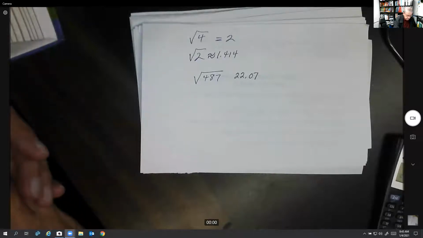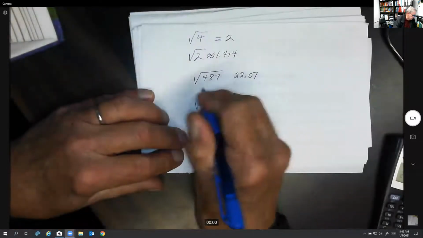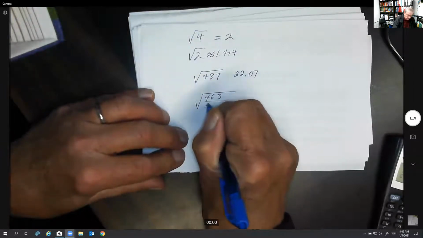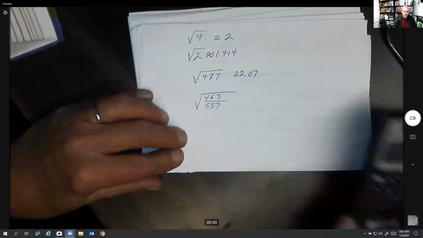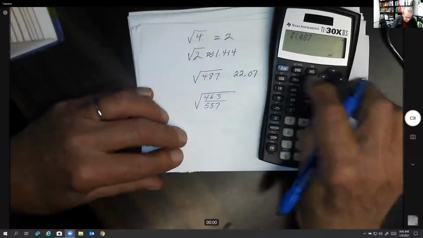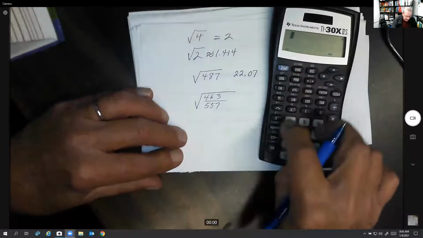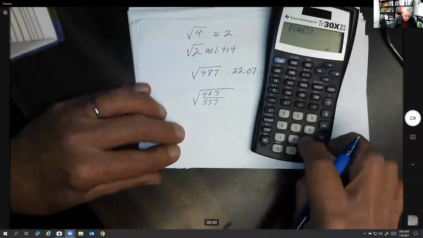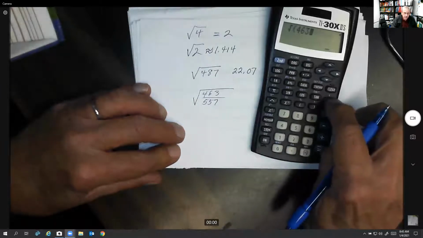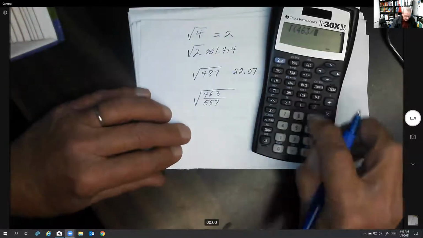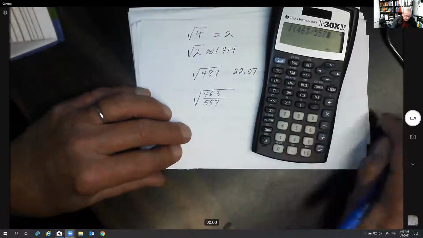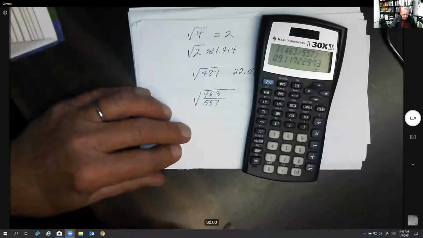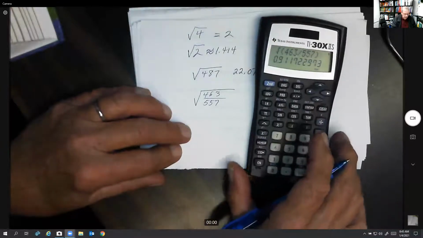Okay. What if we had this strange one? We had 463 divided by 557. To do this one, I would hit second x squared, put 463 divided by 557 in the parentheses for this line right here, and then hit equal. 0.09117.